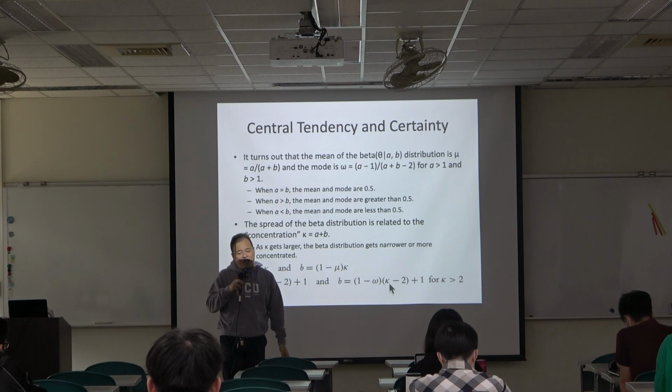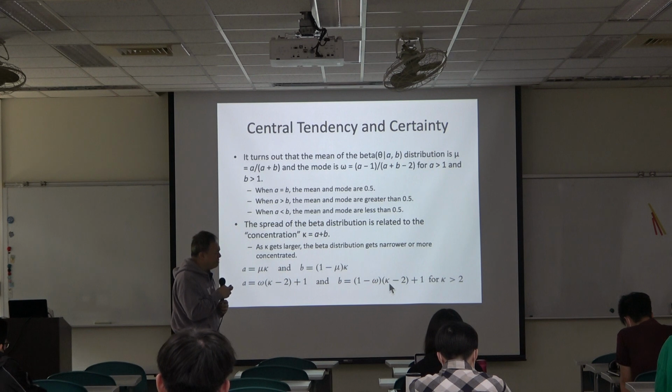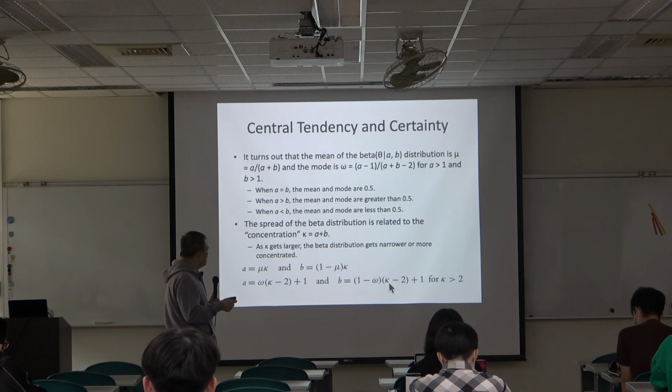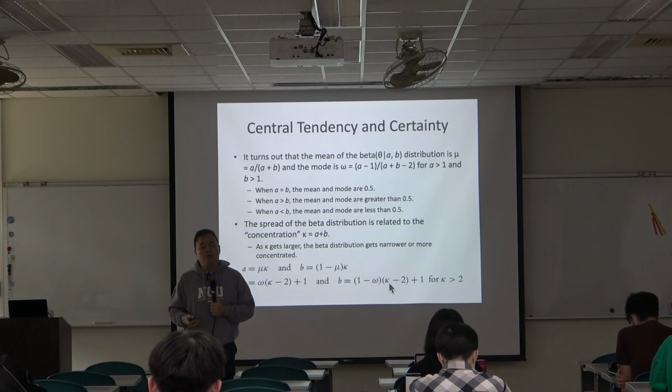But to be honest, kappa is really not something that can be described intuitively. A lot of the time, what you have is something different. We'll talk about that later. But omega is actually more intuitive than mu.